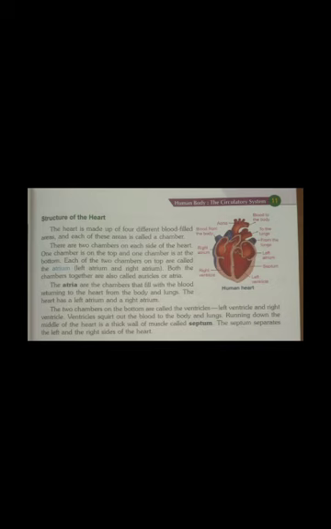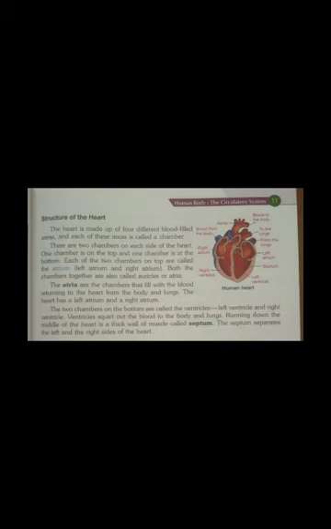And our heart produces a lub-dub sound when it pushes out the blood to the lungs or to different parts of the body. These two sounds are produced, and this one lub-dub is called the heartbeat, right?